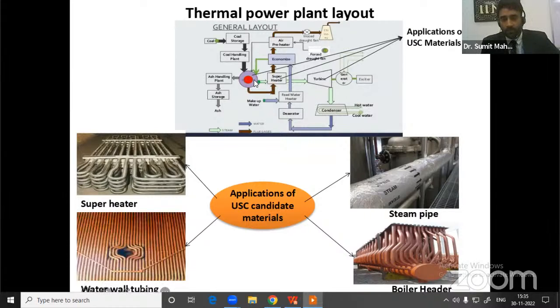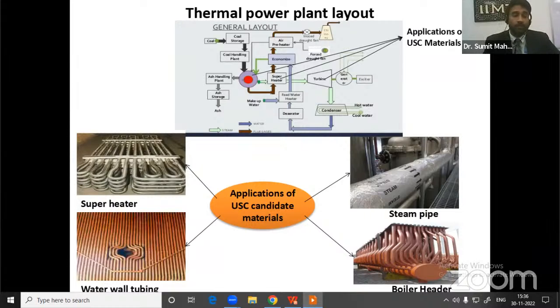So why I'm discussing this topic: because these are some of the components like boiler, superheater, turbines, and some of the components you are seeing below that power plant layout. One is superheater, steam pipe, water valve, tubing, boiler headers. These are some of the major components of the power plants in which the temperature may reach more than 450 degrees centigrade to 700 degrees centigrade.